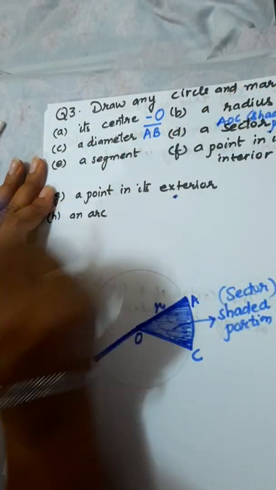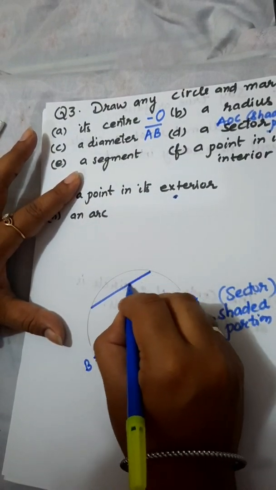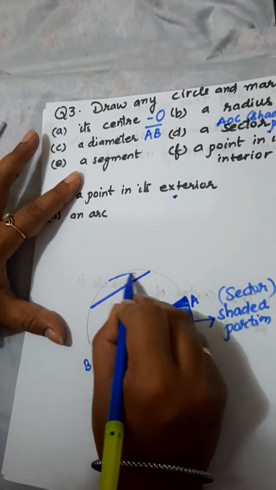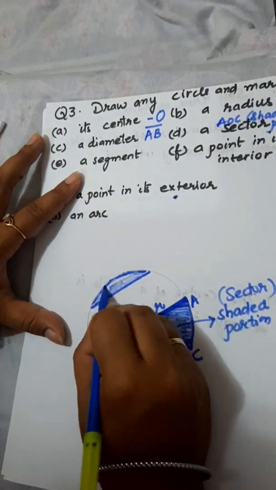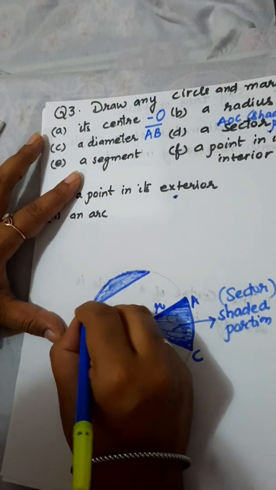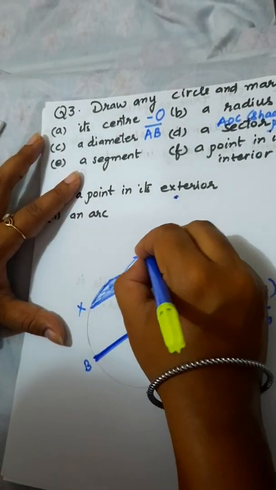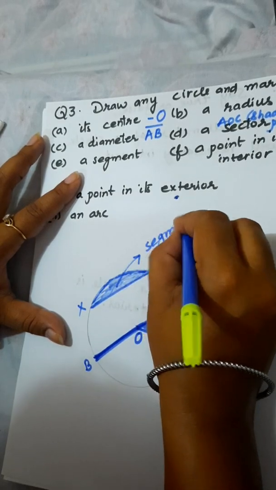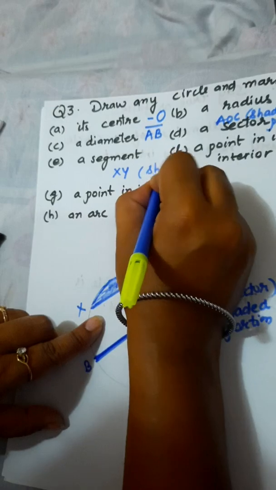Then a segment. For segment, draw any chord in the circle, and the chord divides it into two parts, and here I will get a segment. So let's name it. I will name it X, Y, and this is my segment. So here I will write XY, but I will write shaded portion.